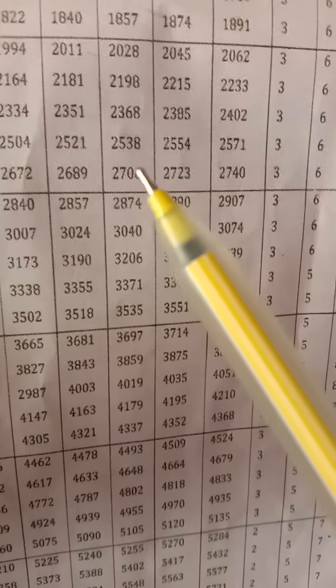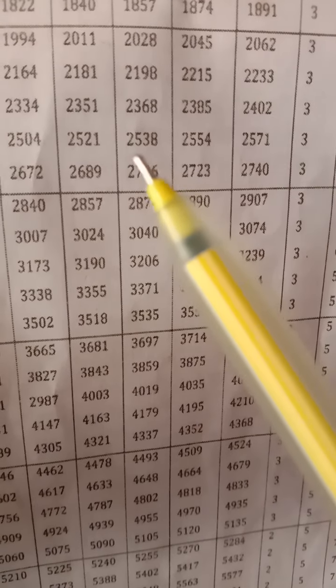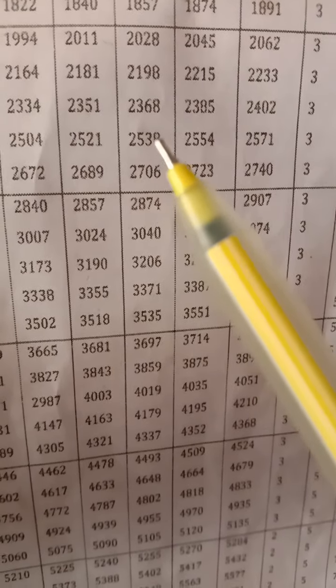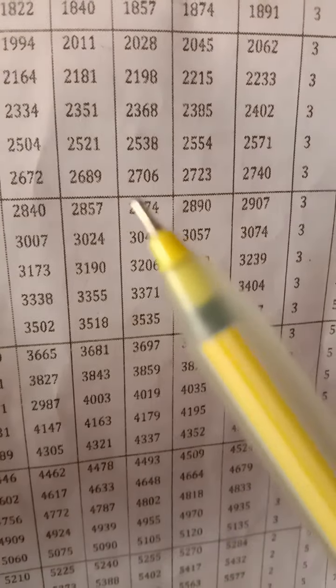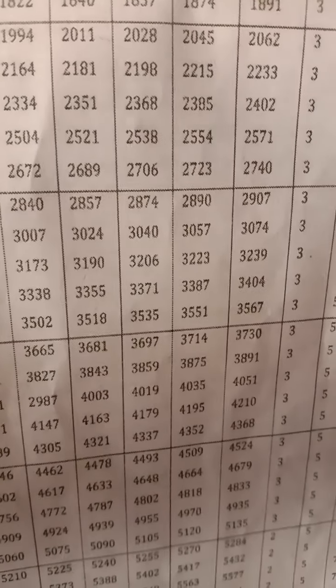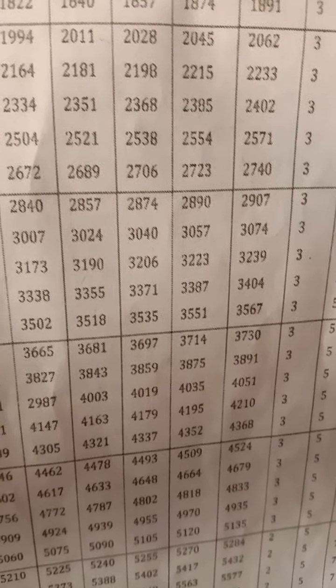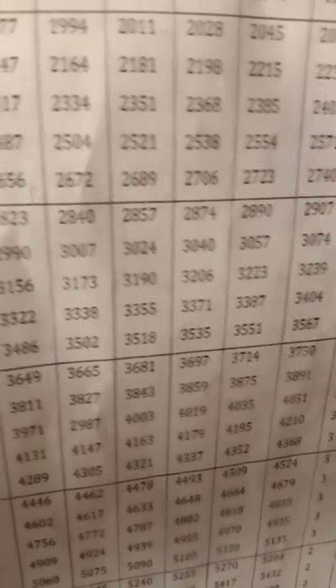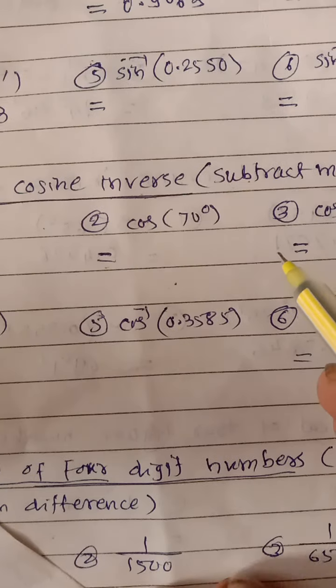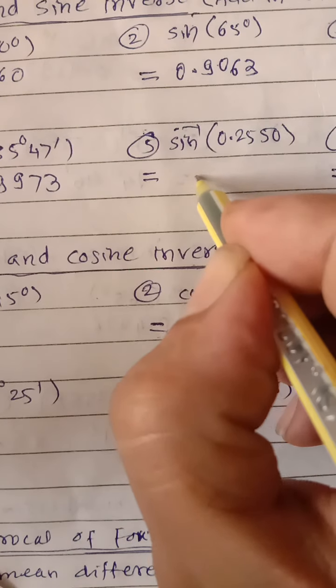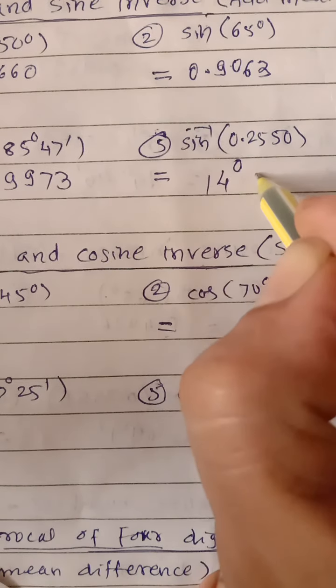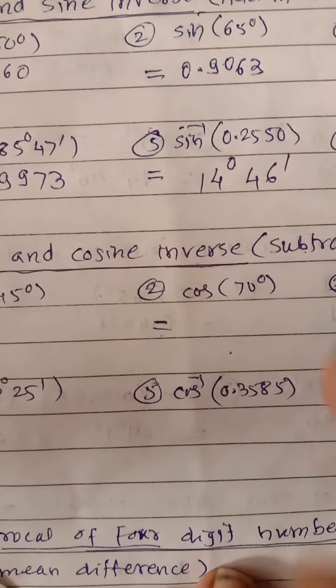And as 0.2538 corresponds to 42 minutes, these 4 minutes will be added. So 42 plus 4 means 46 minutes, and the degrees are 14 degrees. So the sine inverse of this is 14 degrees 46 minutes.